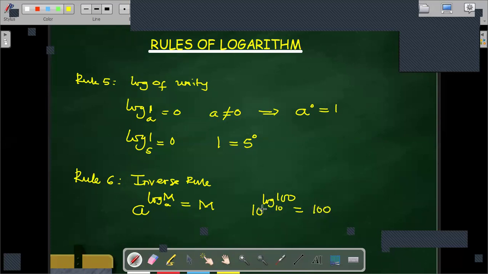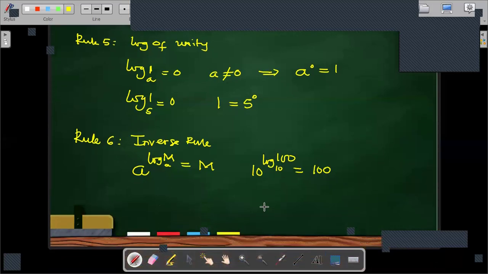And if we demystify this based on the previous theorems we have learned, 100 can be written as 10 to the power of 2, so we have log of 10 squared to the base of 10 equals 100. Using the power law, this can be written as 2 times logarithm of 10 to base 10 equals 100.